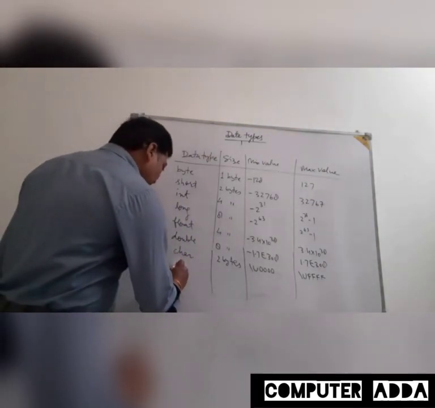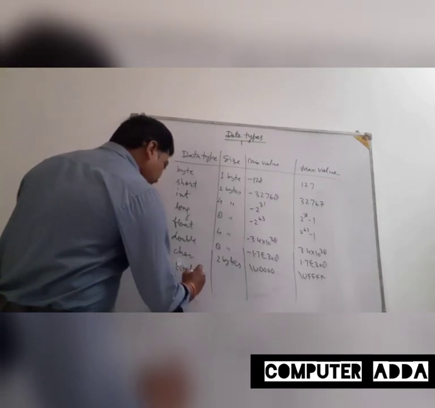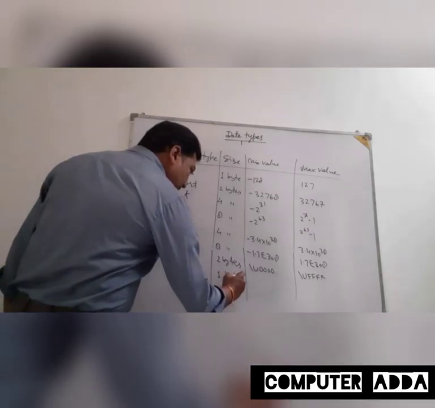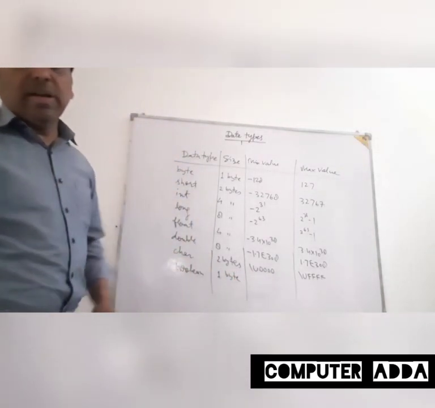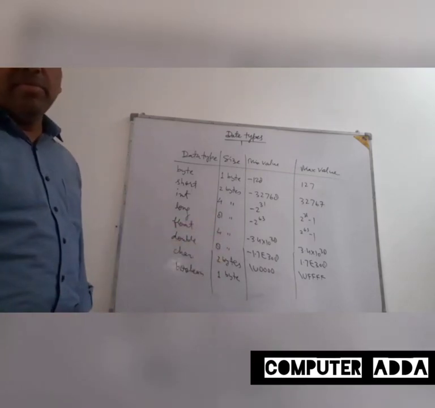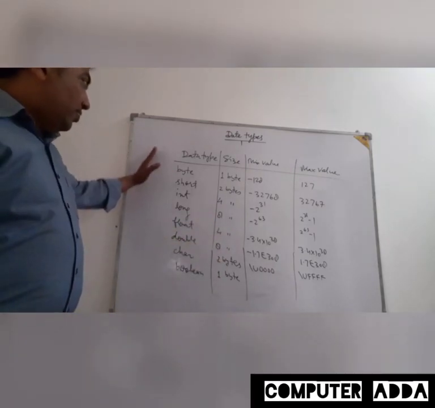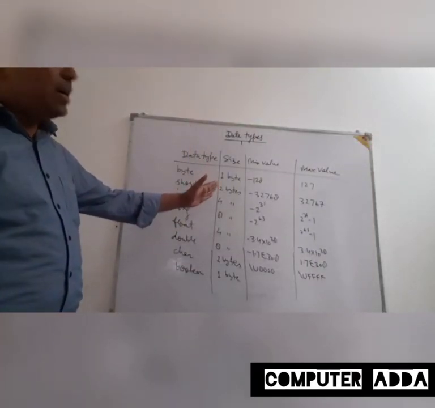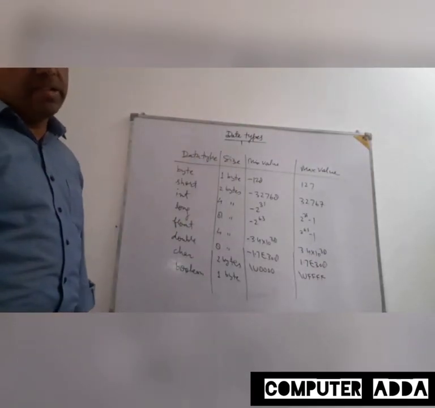Now boolean occupies 1 byte. Boolean has two possible values, true or false, so we can't say any minimum or maximum value. So these are the different data types, the size occupied by each data type, and the minimum and maximum value.